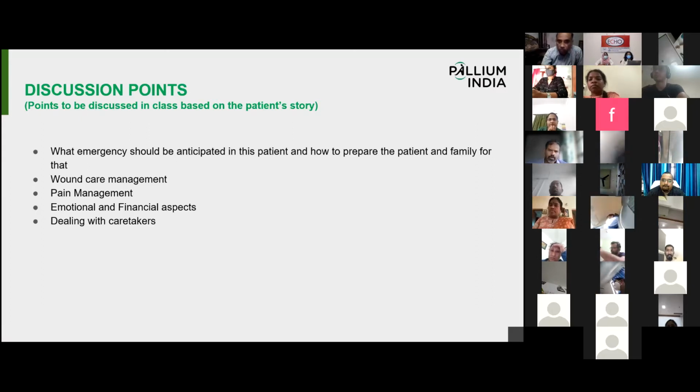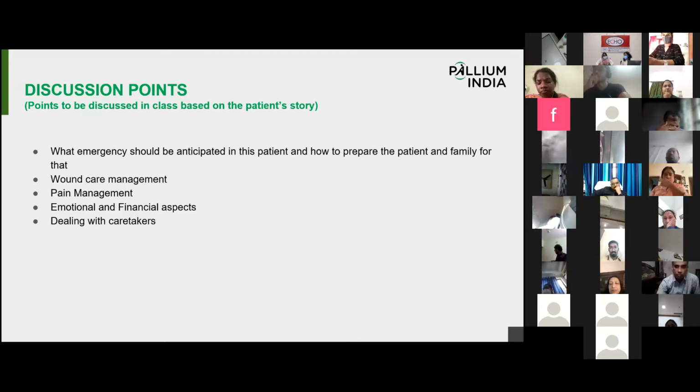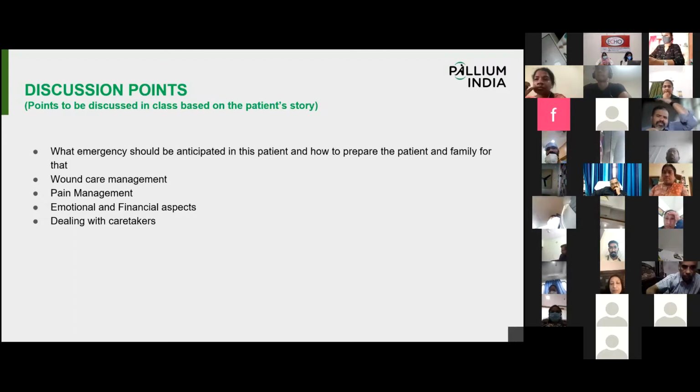Okay. So moving into the next aspect, that is dealing with caretakers. As I had mentioned previously, it's very important that we teach them how to deal with a patient who has a tracheostomy, or some wound, a pressure sore or something. As Dr. Avinash had mentioned, if a person has got a pressure sore, it's very important that we let the family know how to carry out care on a daily basis with that patient.